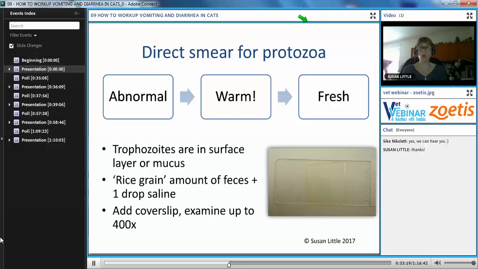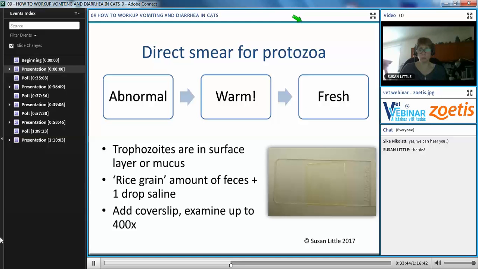Remember, we don't want to cool down the specimen, and then put on a cover slip, and then have a look under the microscope. You want a thin smear, so you can see in this example how thin the smear is. You should be able to read print. You should be able to put that microscope slide on top of a printed page and see the letters through the print, through the slide. That's how thin you want the smear.